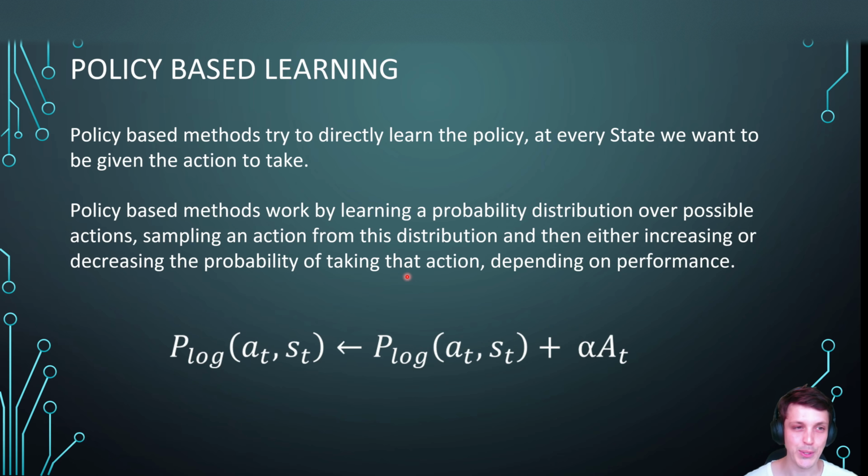So that leads us on to policy-based learning. Instead of learning some intermediate value or Q value that then informs the policy that we define, how about we learn the policy directly? So how does this work? Well, in policy-based learning, we aim to learn some probability distribution over possible actions, and then we randomly sample from that distribution to get the action directly.